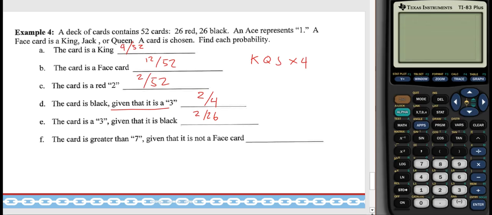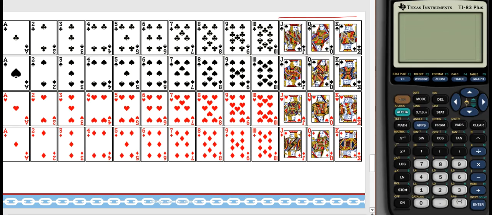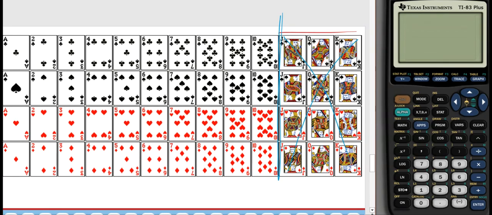And then F, the card is greater than 7 given that it is not a face card. So again, might be helpful to look back given that it is not a face card, right? So these are my face cards here. So these get eliminated from my list of possibles, right? Because of the given part of that statement there. And then it says the card is greater than 7.